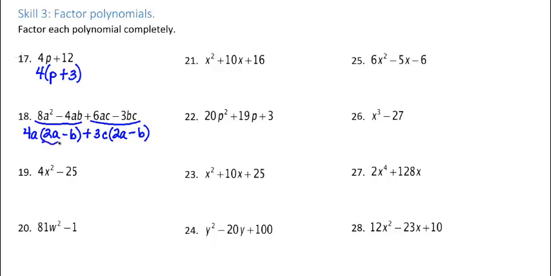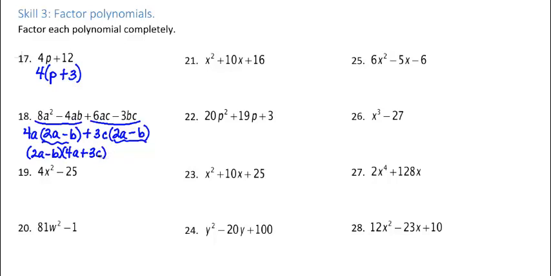So notice now that the 2a minus b is a factor of each of those remaining terms. We can factor that out as a common factor. And when we divide it out of each of these terms, we get 4a plus 3c. So the factored form is 2a minus b times 4a plus 3c.